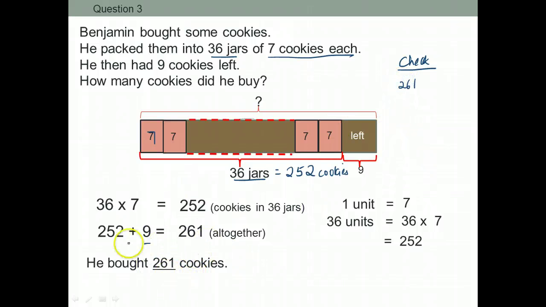I minus off my 9 cookies, I will get 252. I take 252, I divide by 7 cookies in each jar, I will get 36 jars. So this is how I check my answers.